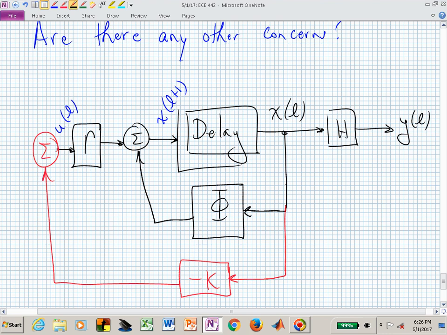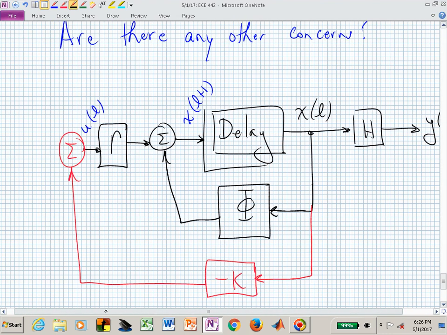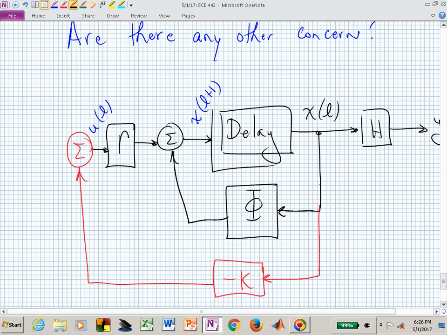And the way that we will do that is we will widen our paper and put something into that summing junction in addition to minus K X of L. Suppose that not only do I have U made up of full state feedback, but also let's scale or inject a reference signal R of L and weight that by N sub 1.